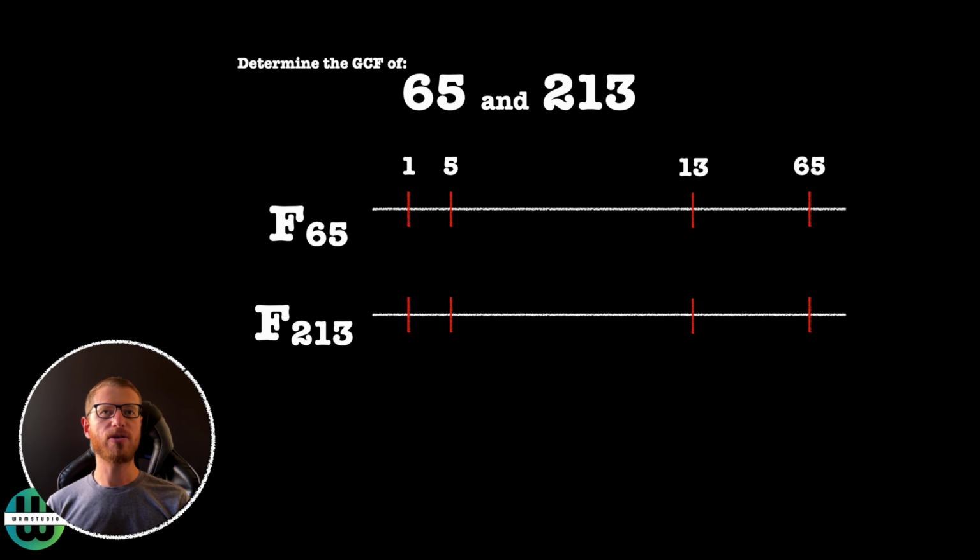And the factors of 213 will be 1, 213, 3, and 71. So the greatest common factor in this case, since no number above 1 is common, is going to be 1. So the GCF of 65 and 213 will be 1.